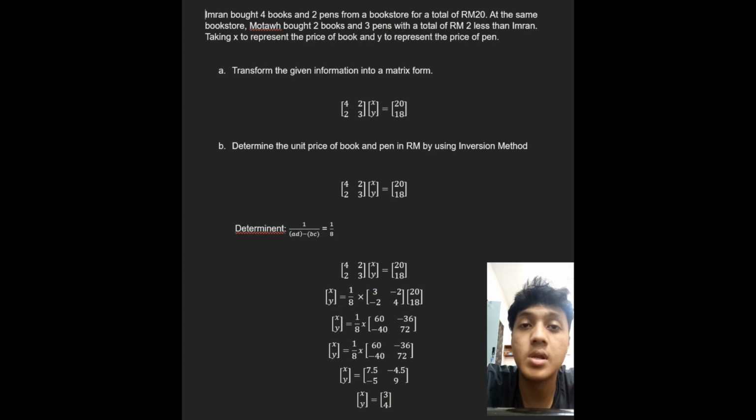So A plus B and C plus D, and for that you will get 7.5 plus negative 4.5 equals to 3, and negative 5 plus 9 equals to 4, and the answer is 3, 4 in form of a matrix 1 times 2. That's all.